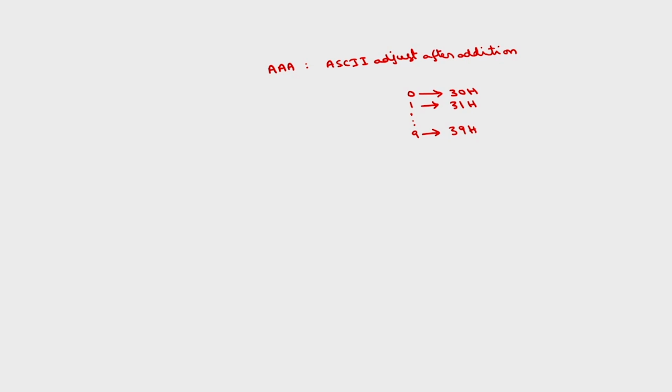So if I want to perform addition of ASCII numbers, the ASCII addition can be performed without masking this 3. This 3 is extra; this is actually 0 in BCD, but 30H is the hexadecimal, and this 3 is extra. So without masking these 3 also, we can perform the ASCII addition by use of this AAA instruction.